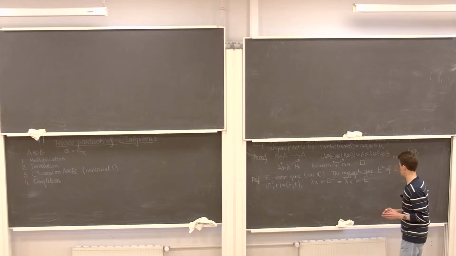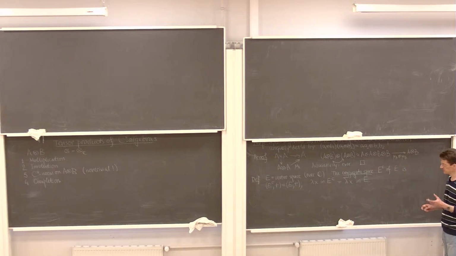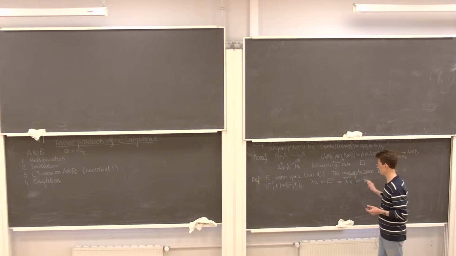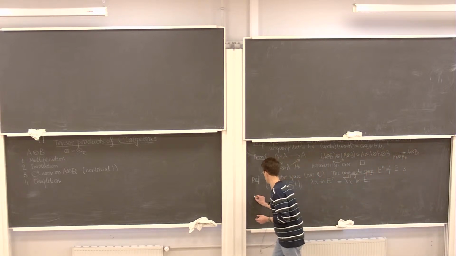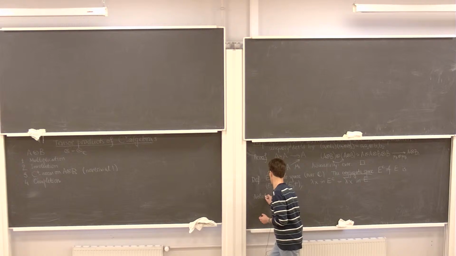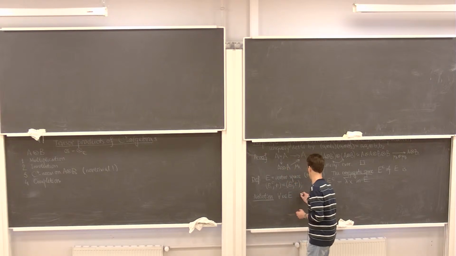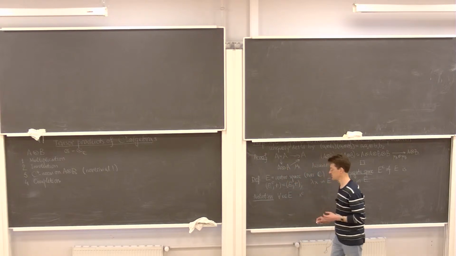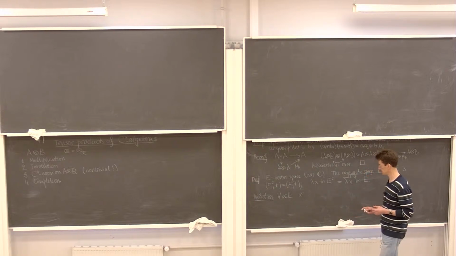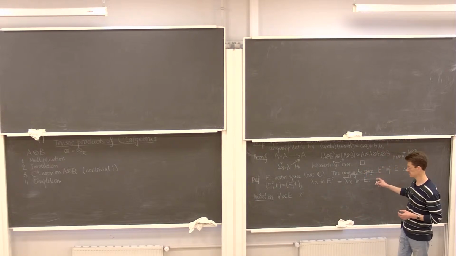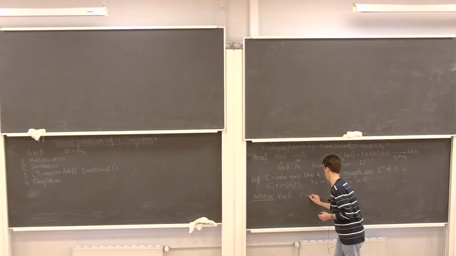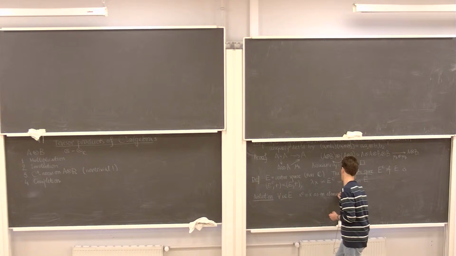In order to distinguish the elements of E from the elements of the complex conjugate space, let's introduce some more notation. For every element x in E, let x^C denote the same element, but considered as an element of the conjugate space, x as an element of E^C.